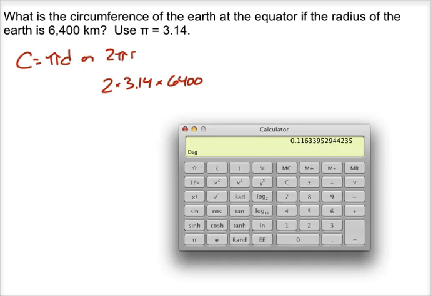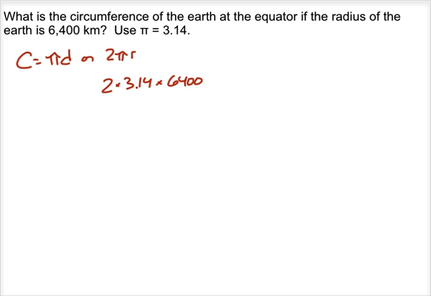Let's see what we get. 2 times 3.14 times 6,400 is 40,192, and that's going to be in kilometers.